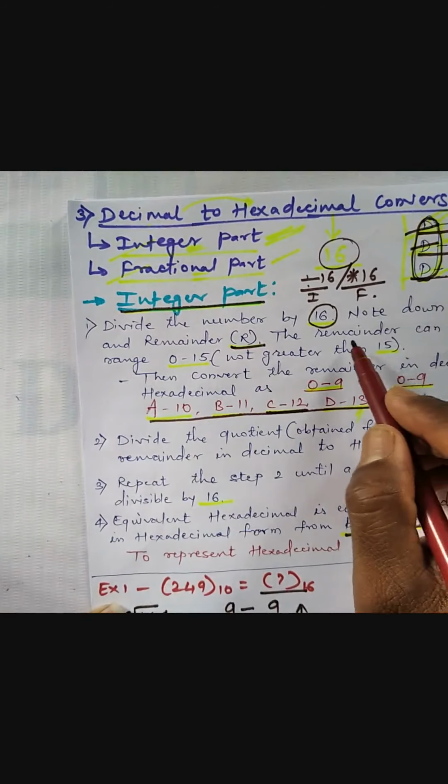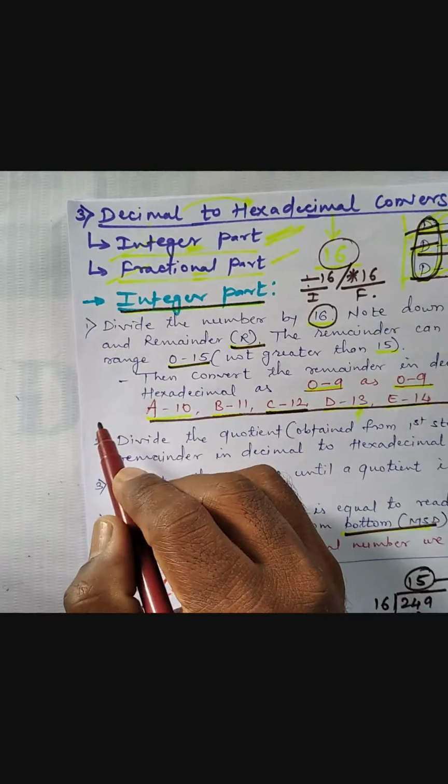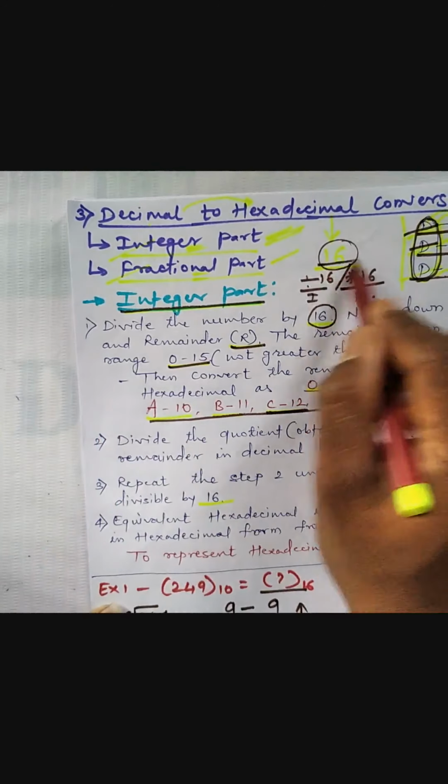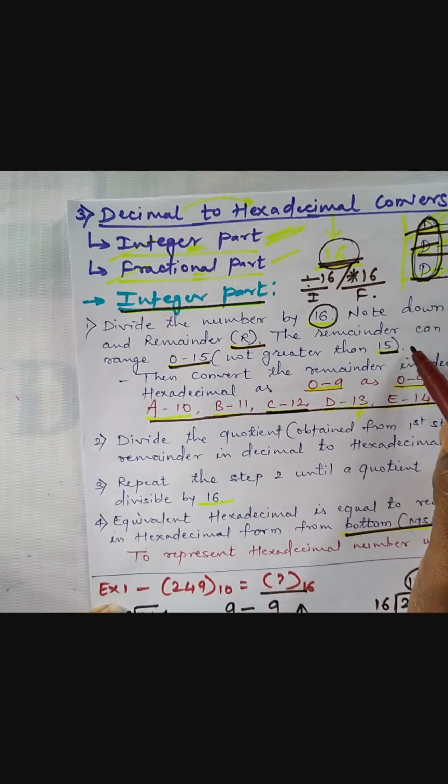One thing to note here is that the remainder can be in the range of 0 to 15, that is, not greater than 15. We have seen different symbols for hexadecimal numbers, which start from 0 to 9 and then A to F, where A corresponds to 10 and F corresponds to 15.